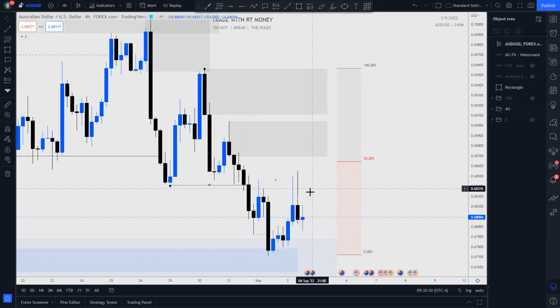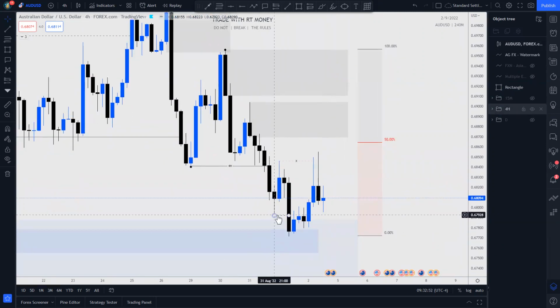We did break another low. But what happens is it gave a sweep of this high. This is indicating price may want to retrace here. And I like this.